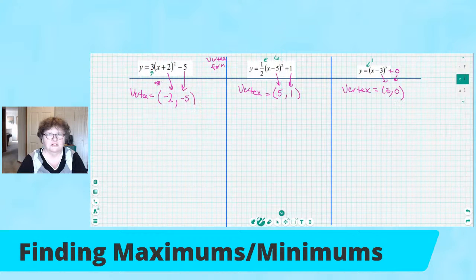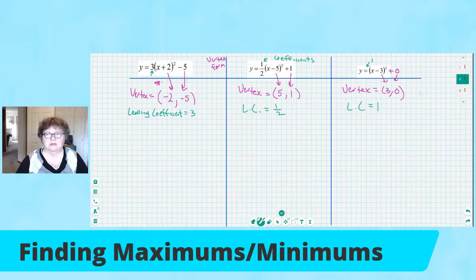These coefficients tell you what's going to happen. I'm going to call this the leading coefficient because that's what it is. The leading coefficient on this one is 3. The leading coefficient here is 1/2, and the leading coefficient on this last one is 1.